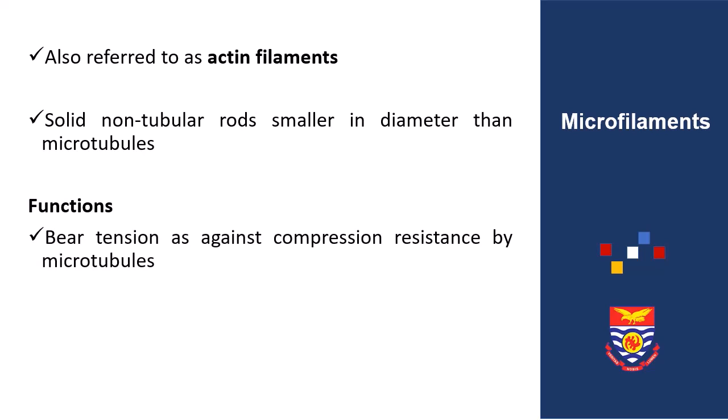Each microfilament is a twisted double chain of actin subunits occurring as linear filaments, and they can form structural networks. The structural function of the microfilament is to bear tension, as against compression resistance by microtubules.